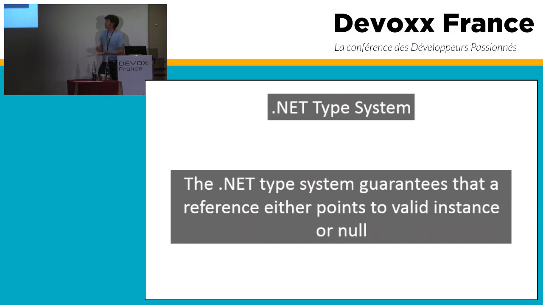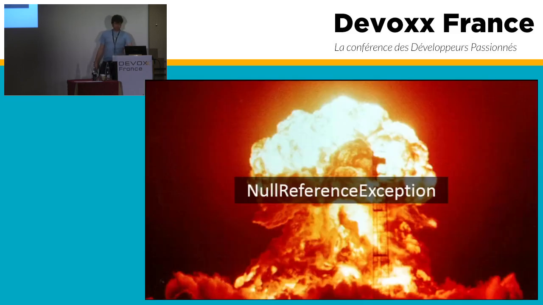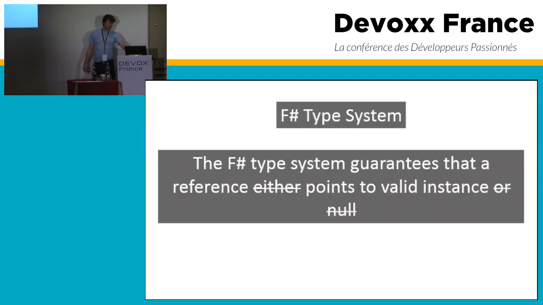A quick word on type systems. The .NET type system guarantees that a reference will either point to a valid instance or null. So who can see the problem with that? Well, yes, it's the null reference exception. Now the F# type system basically tries very hard to get rid of the "or null" bit.